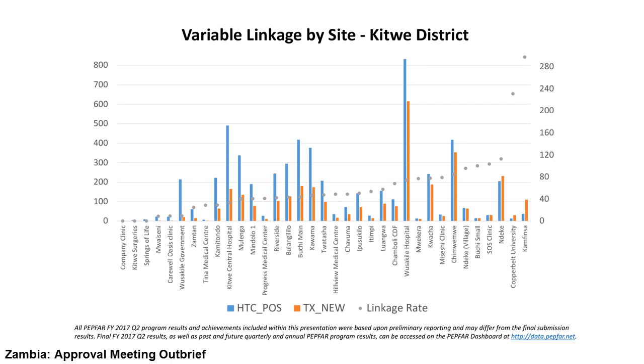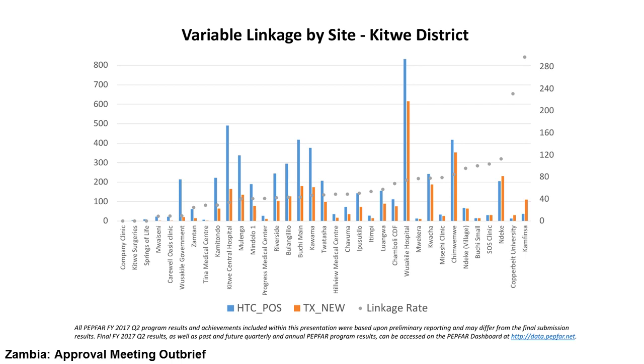So this is at the company clinic, at the Spring of Life clinic, at the hospital, etc. So they can go down to data about every single individual site from which PEPFAR gathers data. The orange bars represent the number of people newly initiated on treatment. And you can see these are all just from Kitwe district in Zambia. And the gray circles represent the linkage rate at each of these facilities.